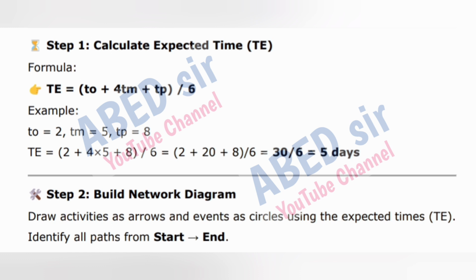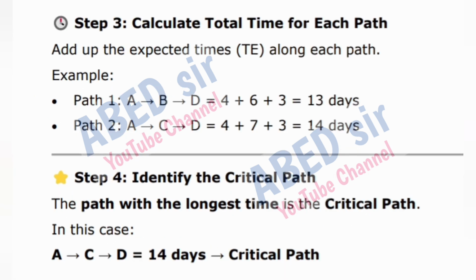Step 2. Build network diagram. Draw activities as arrows and events as circles using the expected times, TE. Identify all paths from start to end. Step 3. Calculate total time for each path. Add up the expected times, TE, along each path. Example.